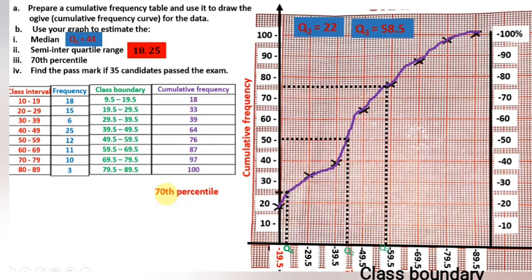So we're going to read 70% from this line and trace it to the smooth curve. Okay, so we have this on 70%, then we trace it to the horizontal axis.